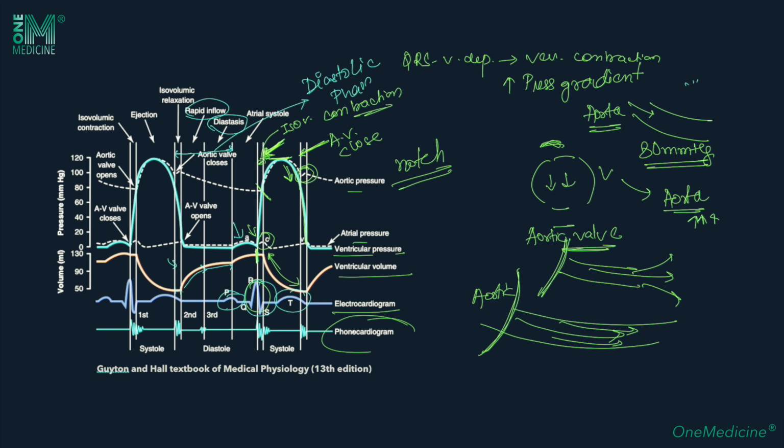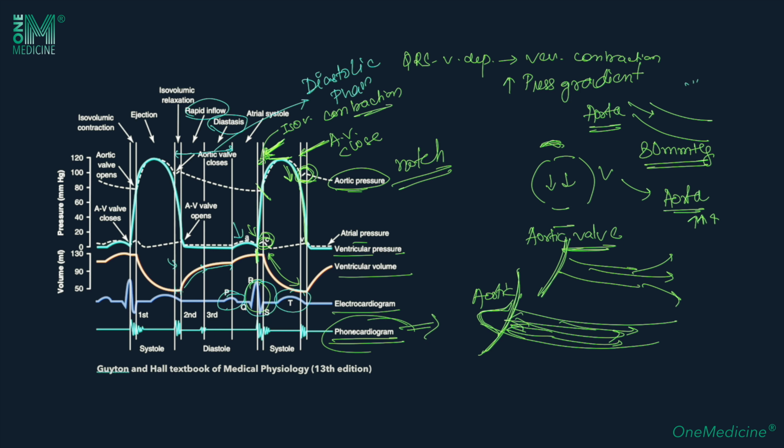So as soon as the valve closes, there is a backflow of blood, which leads to the bulging of the aortic valve inside the ventricles, leading to a small increase over here. Same goes for atrial pressure. You can see the pressure falling, but there is a small notch because there is a bulge of the AV valves, that is the tricuspid and the mitral valves.